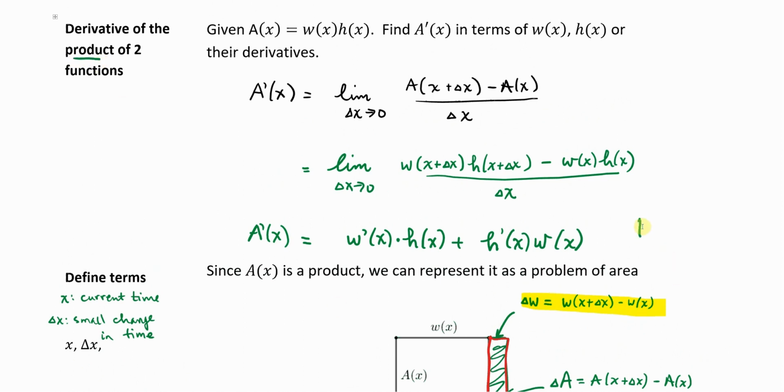So this, in calculus terms, is called the product rule. It is something totally worth memorizing, although you don't have to try just yet. If you do lots and lots of practice problems, you're almost going to automatically memorize it.